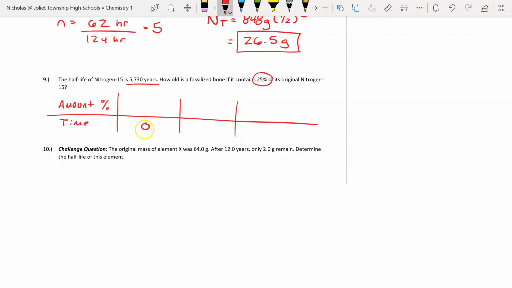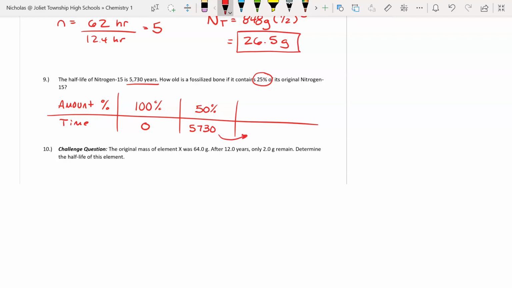Time's always 0 when we start. We don't know the mass, but we do know that when we start, we have 100% of the mass. After one half-life, we're going to have 50% of our original mass.